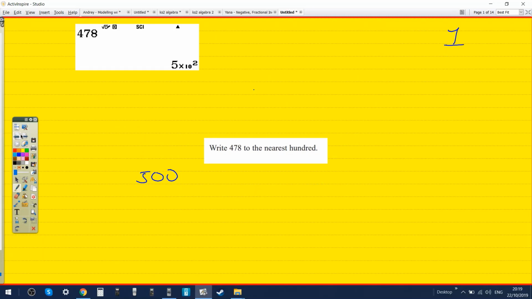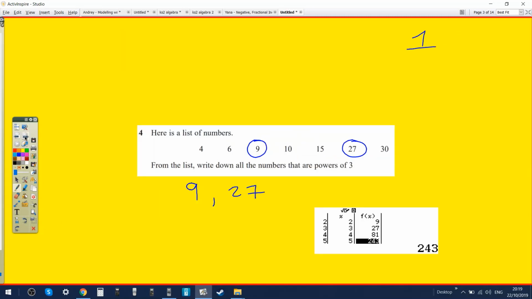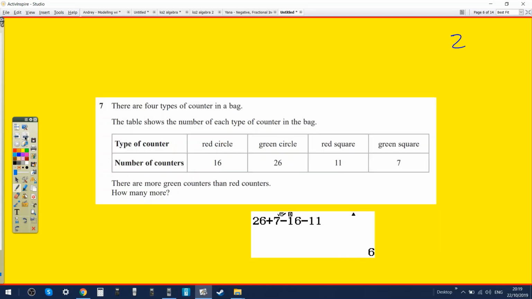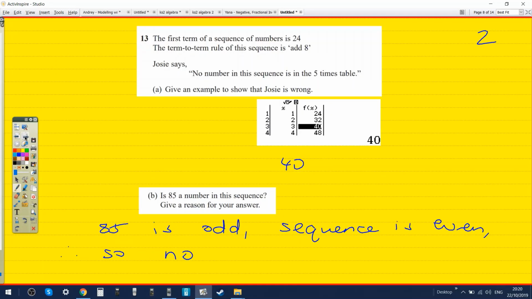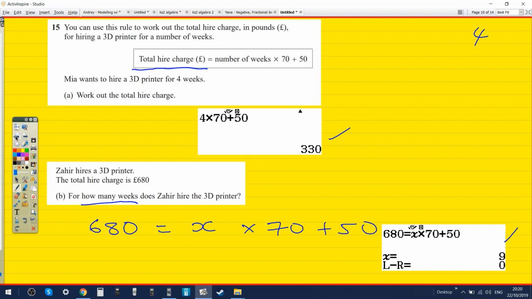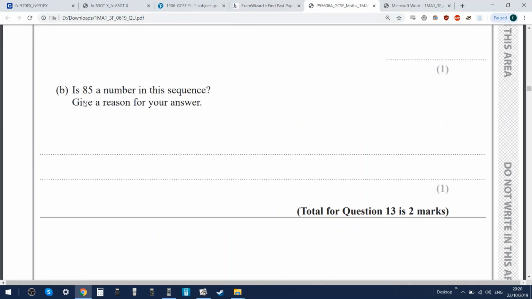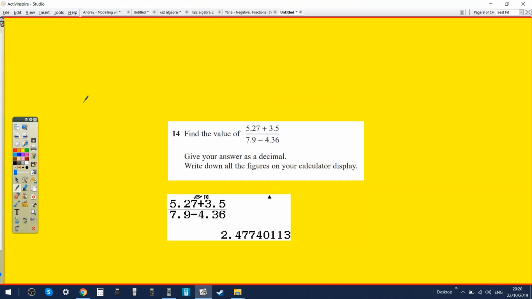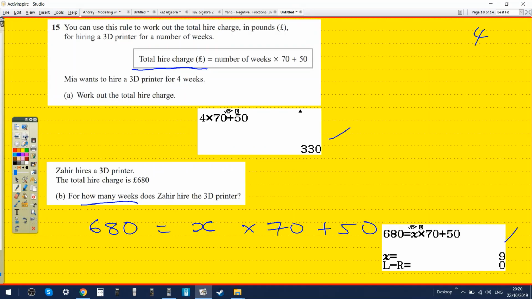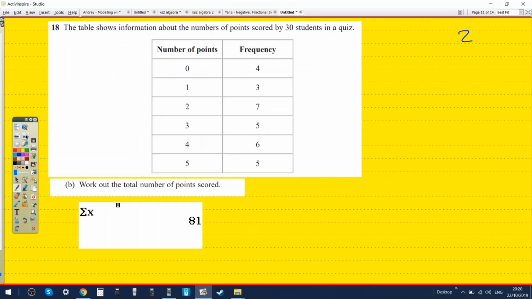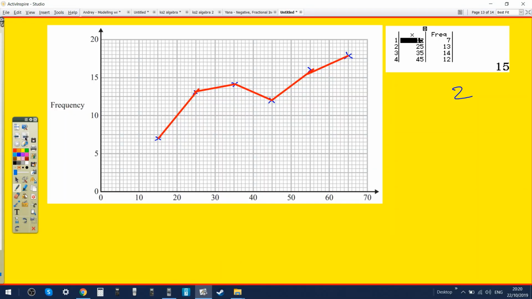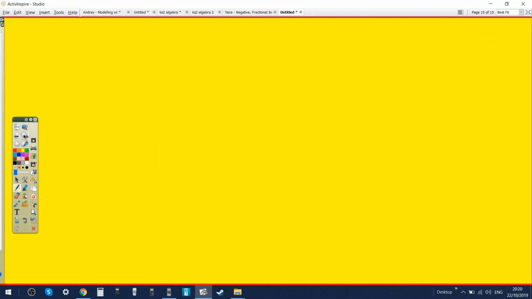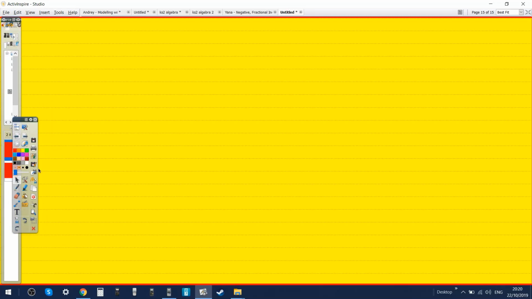So let us add them up together. 1, 2, 3, 4, 5, 6, 7, 8, 9, 10, 11, 12, 13, 14, wow, 14. 15, 16, 17, 18, 19, 20, 21, 23, 26. 26 marks, and that is it. So paper 3, we got 26 marks.